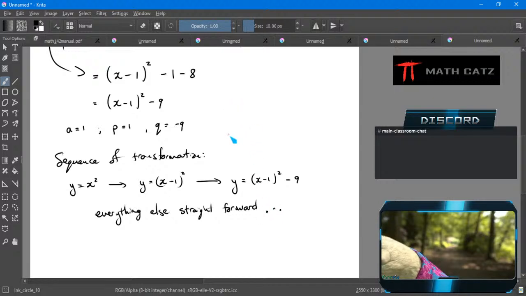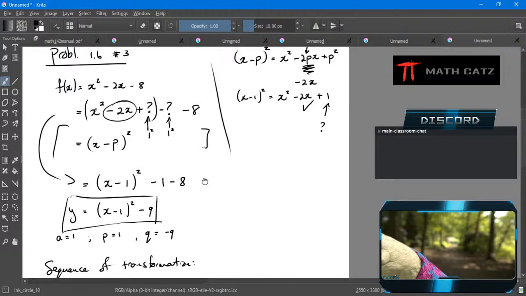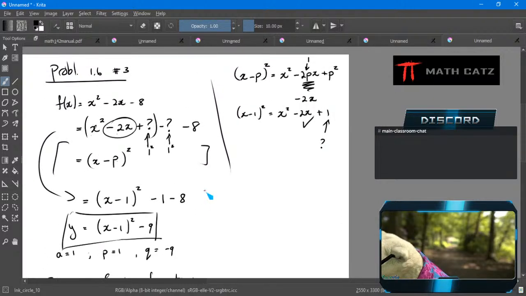The important part is how we get to this PQ form, the standard form. Because once I have it, then I can see my transformations, I can isolate them, I can make the sequence, graph, everything's the same. It's when I start with the general form, how do I complete the square to get me my standard form?